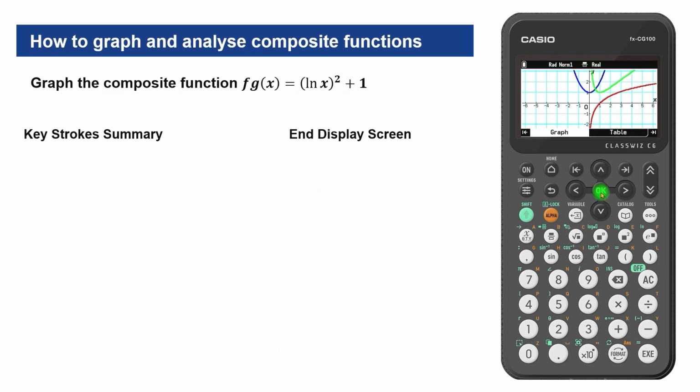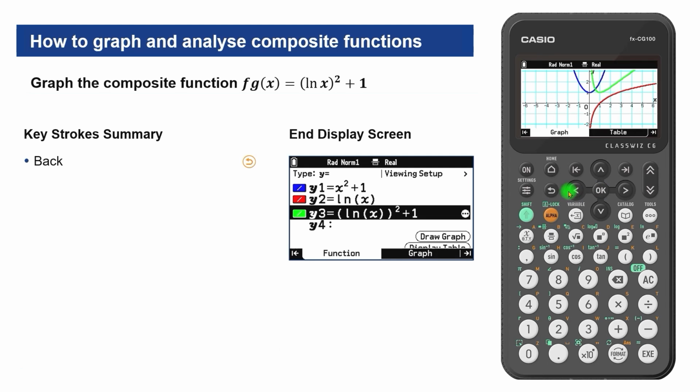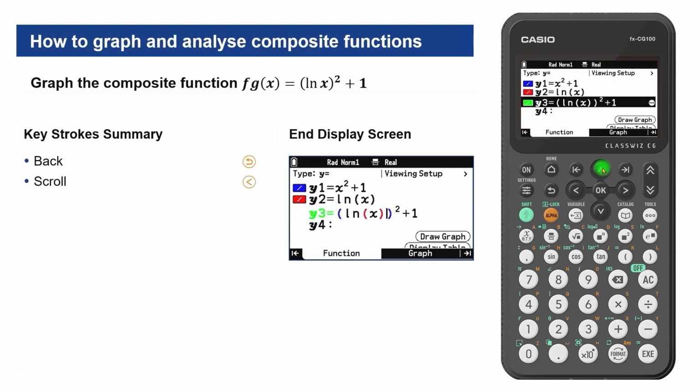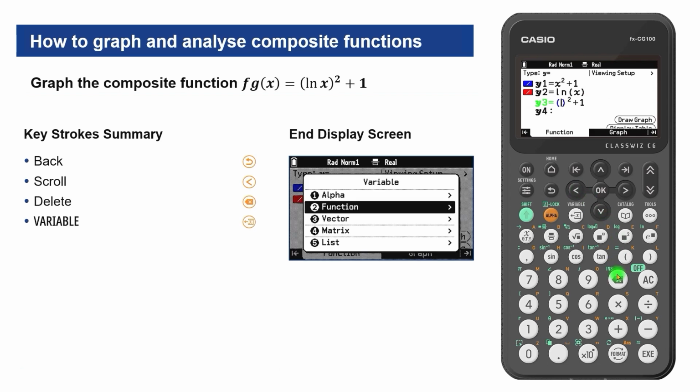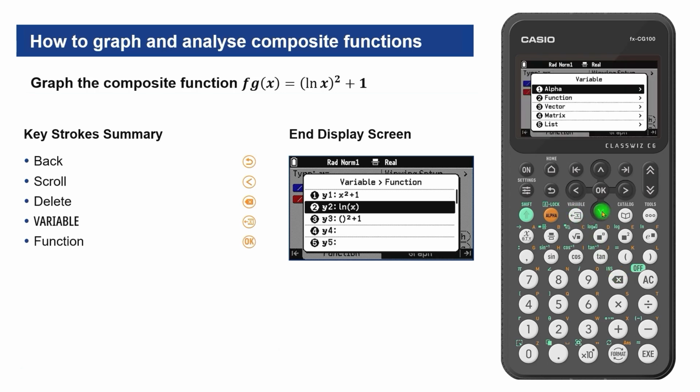An alternative approach to directly entering the composite function is to use graph notation. Return to Function. Then scroll in order to edit y3, and delete the natural log. To replace g of x, press Variable and select Function.